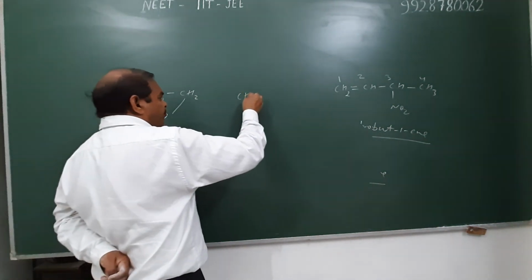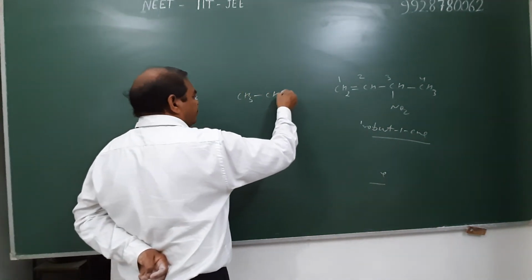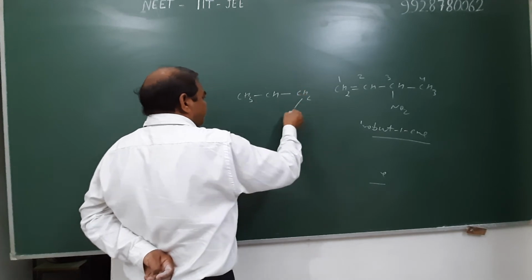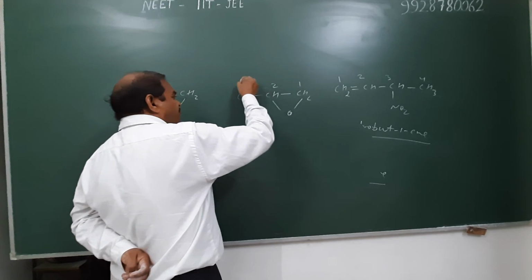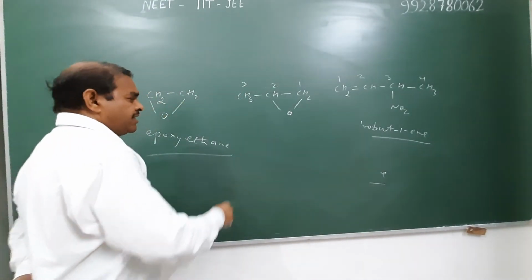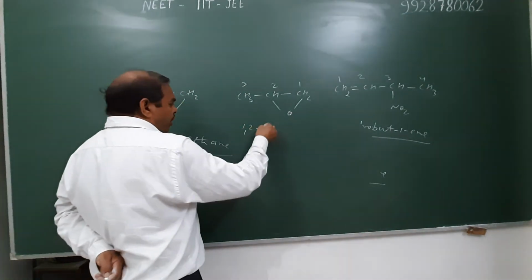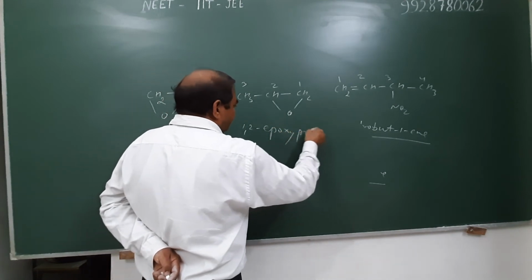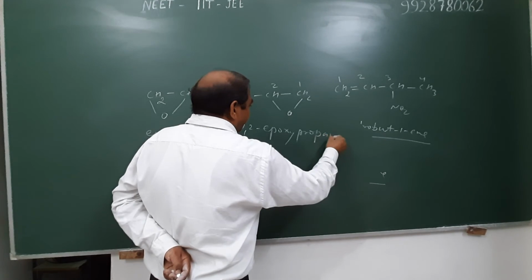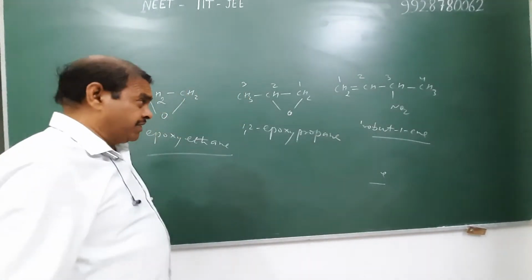Similarly, in this compound, we write numbering from this end, and its name is 1,2-epoxypropane. That is its IUPAC name.